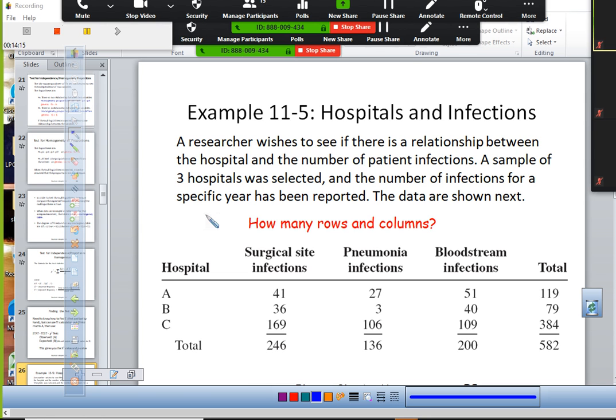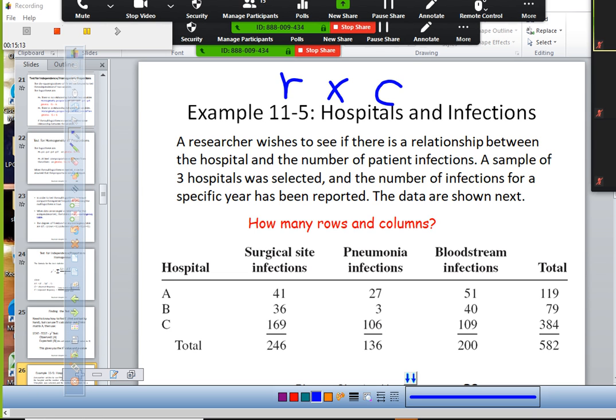It goes RC, so R by C, row by column. So I've heard from 12 people. Okay, that seems good.